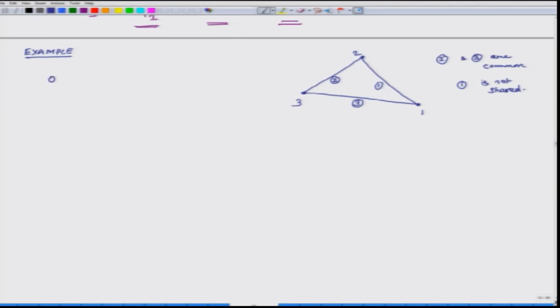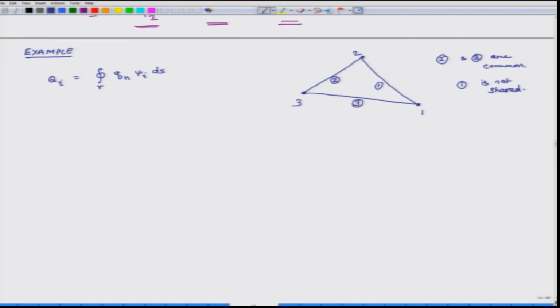So, Qi equals boundary integral of Qn psi I ds. This is the general formula. This formula applies to all triangles or squares, whatever. Now, I am interested in finding out the value of Q corresponding to side 1, because sides 2 and 3 are shared sides.